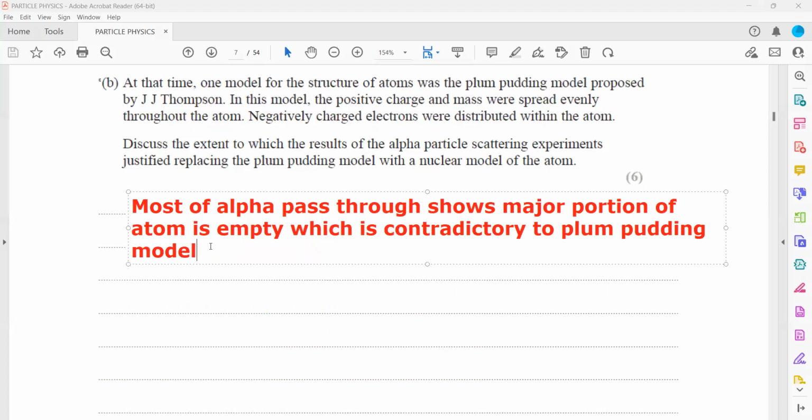Then a few of them are deflected, which shows positive charge is there at the center.